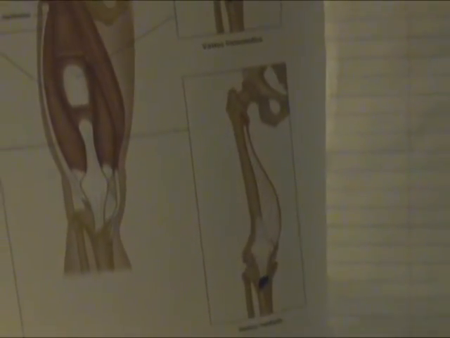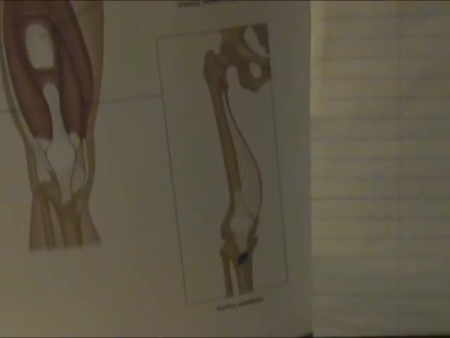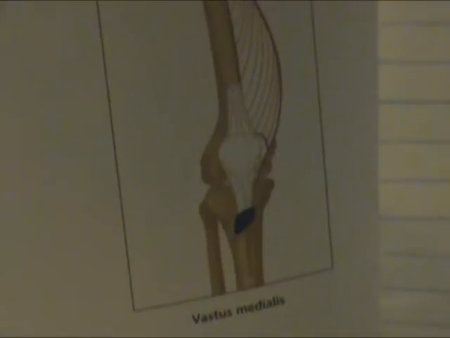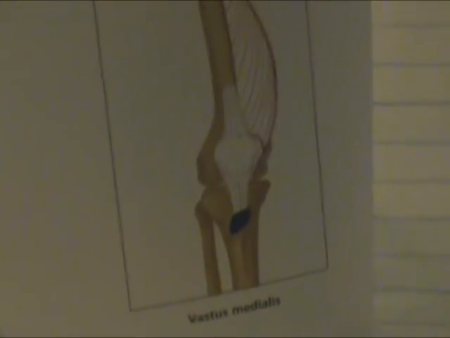And finally, we have the vastus medialis, number 60 of the muscle chart, number 22 on the cadaver. The origin is the linea aspera of the femur, and the insertion is the patella and tibial tuberosity. The action is to extend the knee.